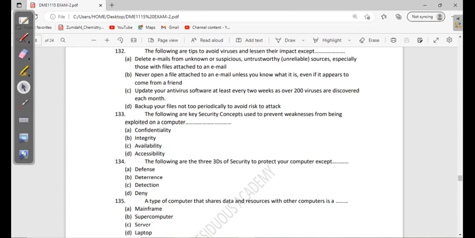Which one of these is not a security concept used to prevent weakness of a computer? So what do we think? That is of course accessibility. Confidentiality, integrity, and availability are key concepts to make sure that a computer is not exploited.